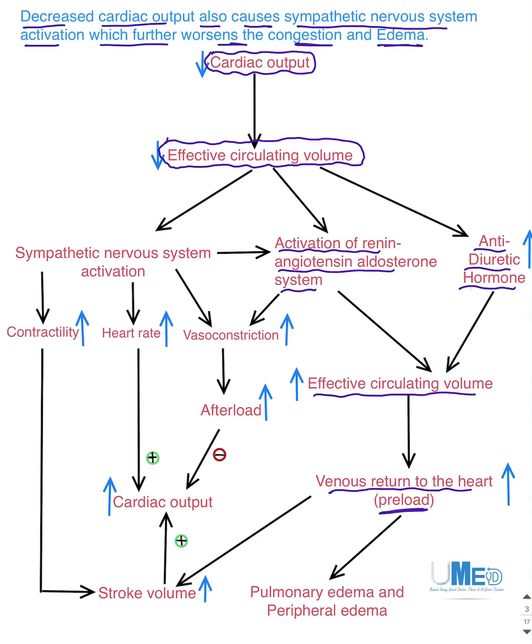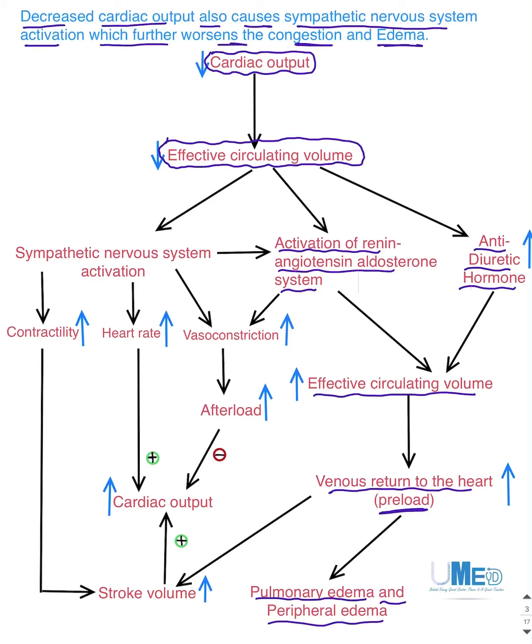And what happens when there will be increased preload? If more blood is returned to the heart, because the heart is unable to pump sufficient blood out of the heart. So if more blood reaches the heart and the cardiac output is low, this will further cause pulmonary edema. This will worsen the pulmonary edema and peripheral edema. Because the heart is failing, the heart is not able to pump sufficient blood out, but more blood is returning to the heart.